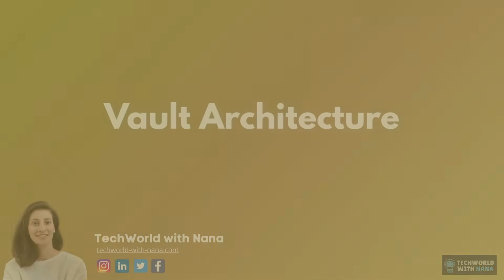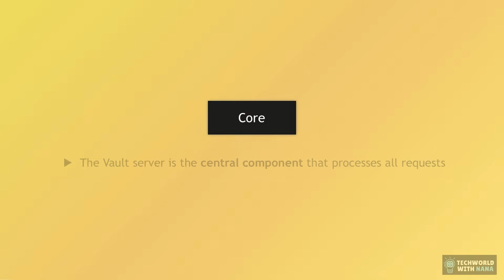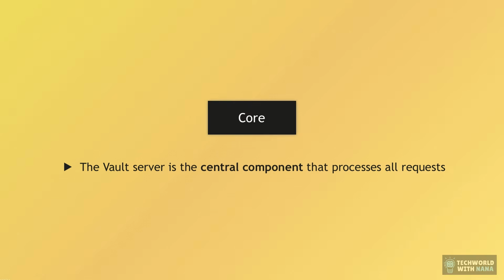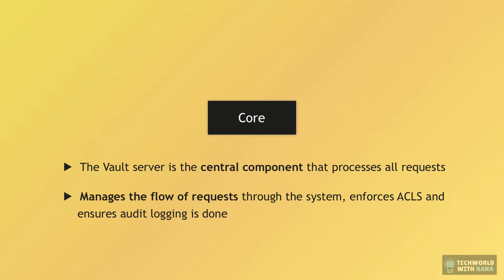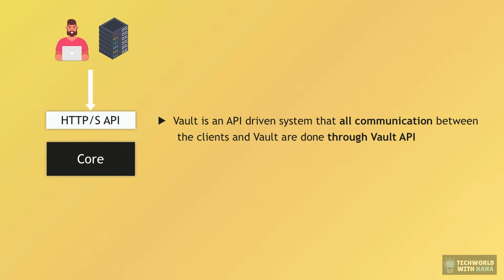Well, at the core of Vault, we have what's called the core, which has all the components for managing most of the work that Vault is doing. And to talk to that core, there is a layer of Vault API, and Vault is API driven. So whether you are talking to it via UI or CLI, all requests go through the API.